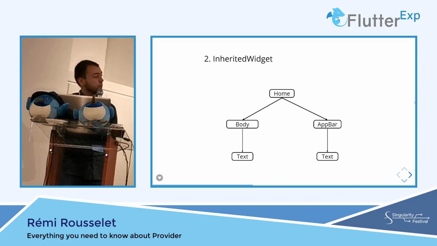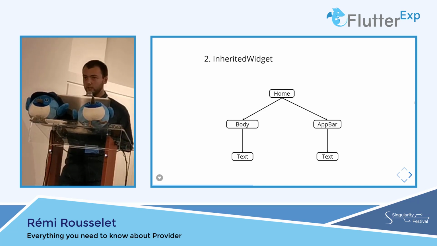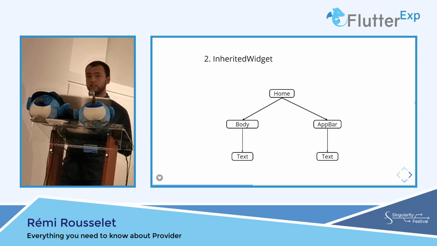So we can look at a different architecture that is built into Flutter. That's what they call inherited widgets. Inherited widgets are basically an alternative to global variables using widgets.